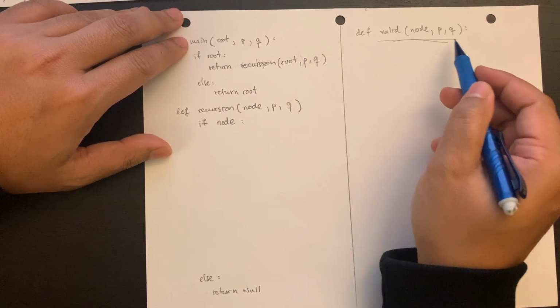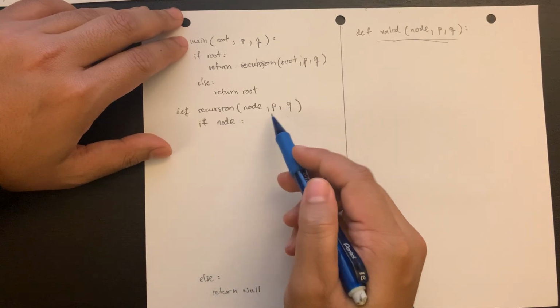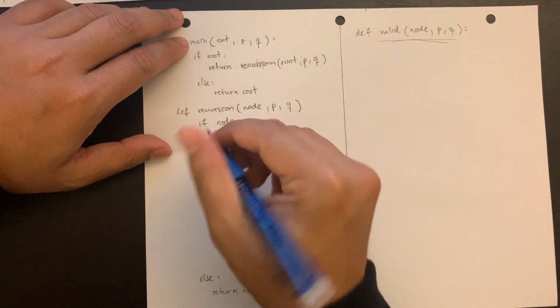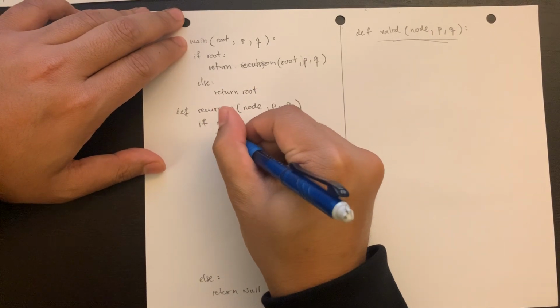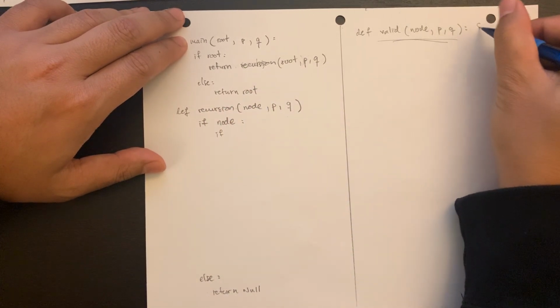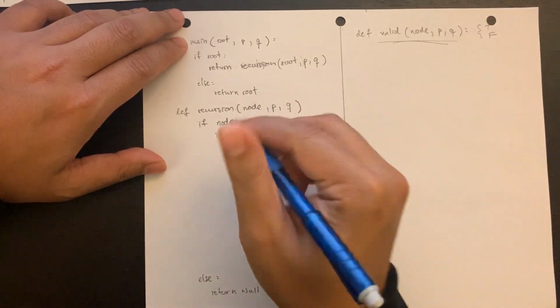This would check if the node contains P or Q or not. So let's say that this valid does the job. This will return true or false.